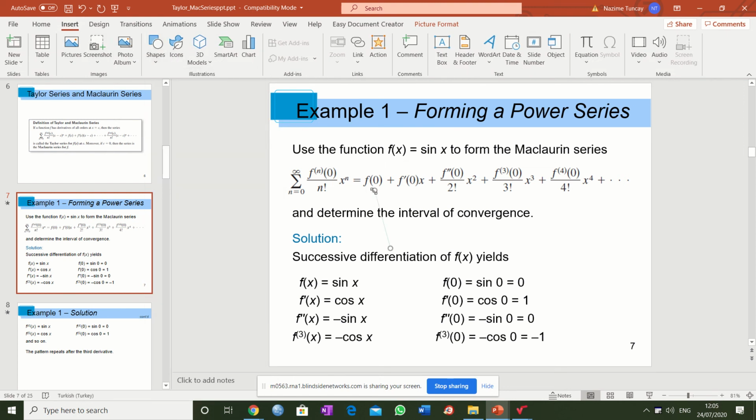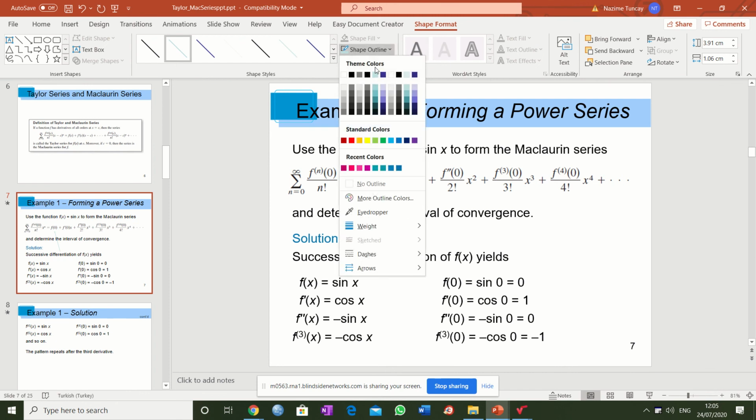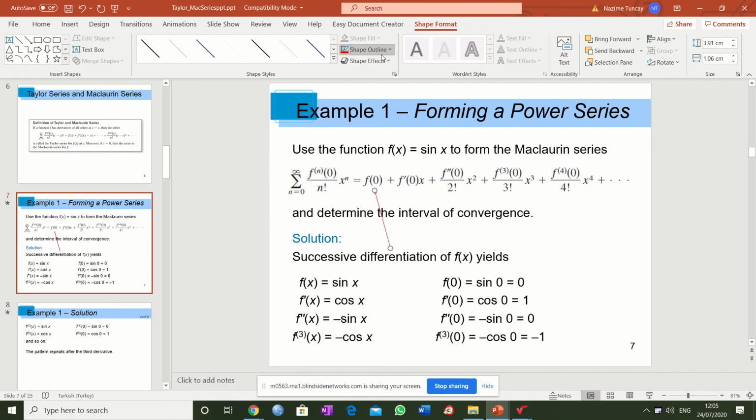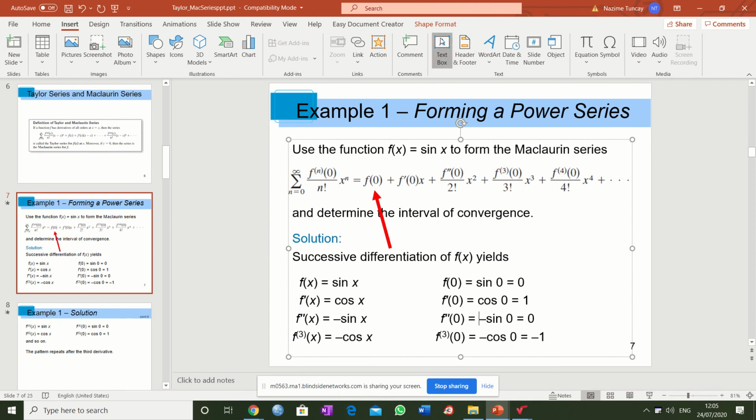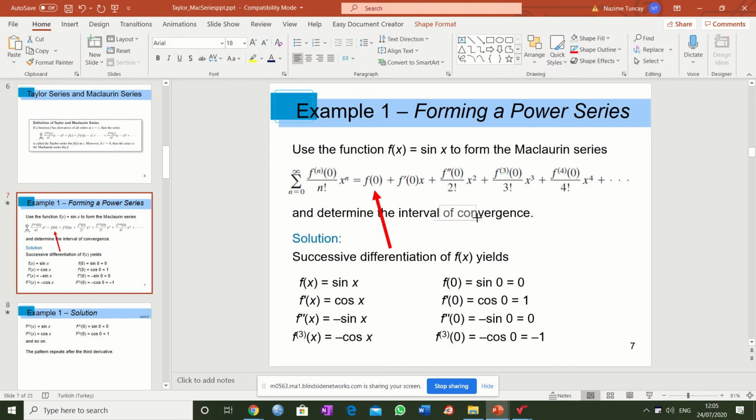This is the 0th term, n equals 0, and this one is n equals 1, and the other one is n equals 2.